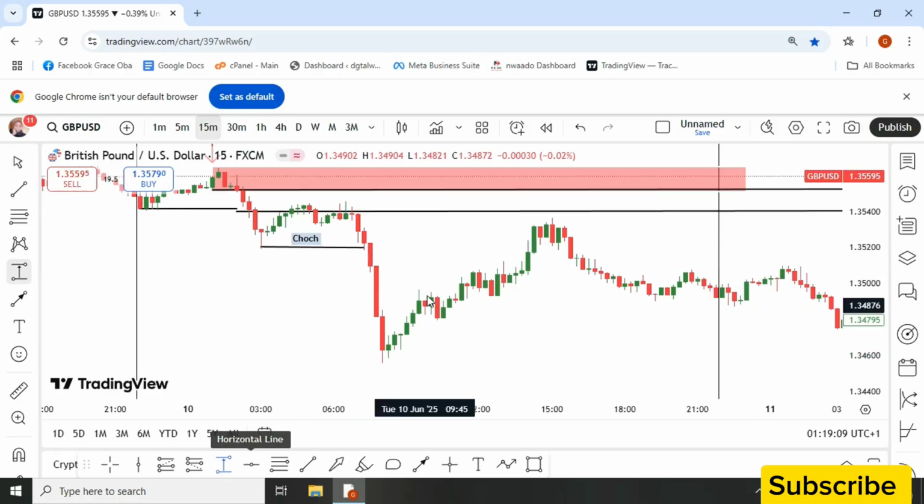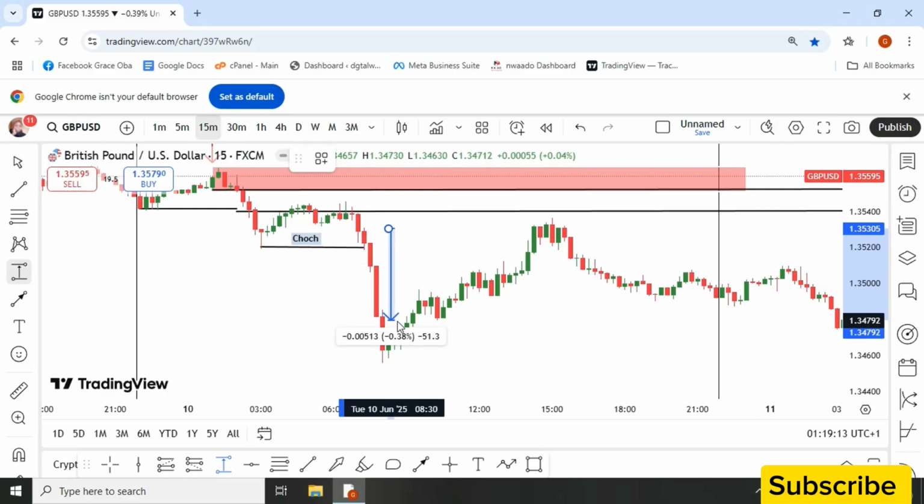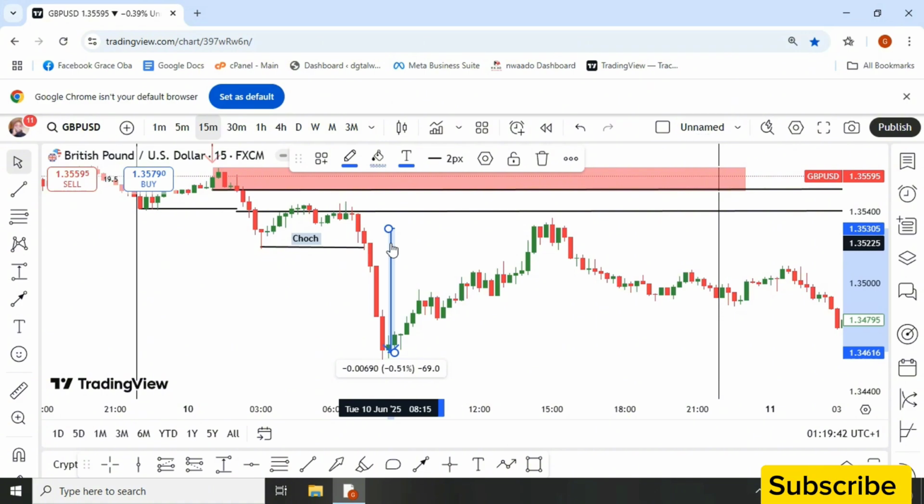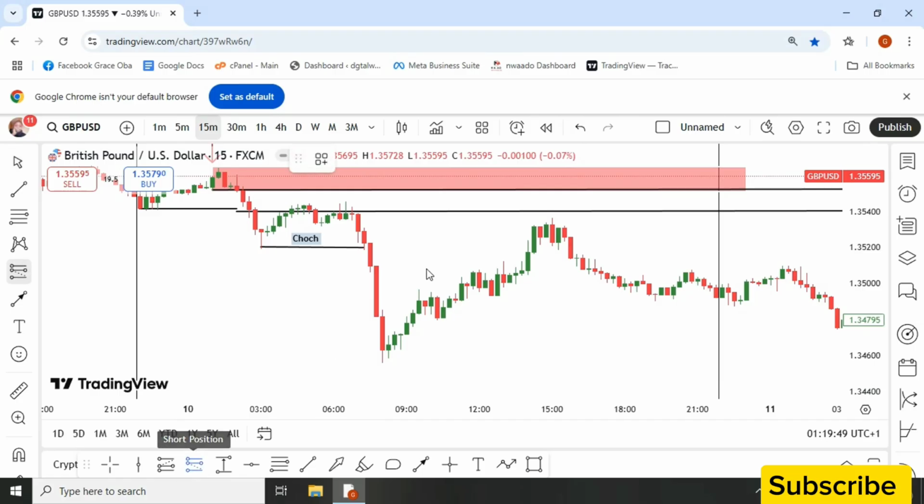So measuring this out from here downward, you can see it is roughly 70 pips, right? Roughly 70 pips. Let me use the bear position tool to also show you this. So I should put my stop loss from here.